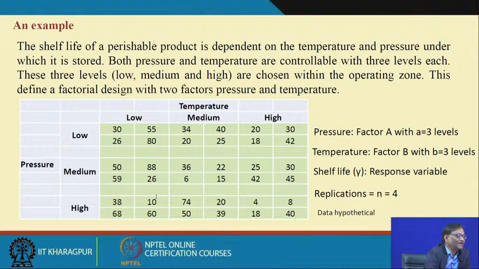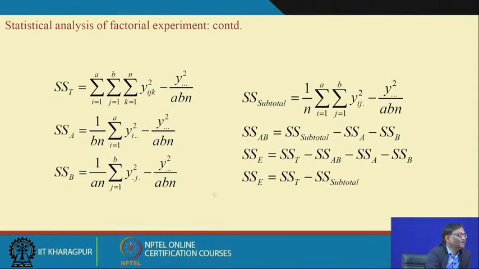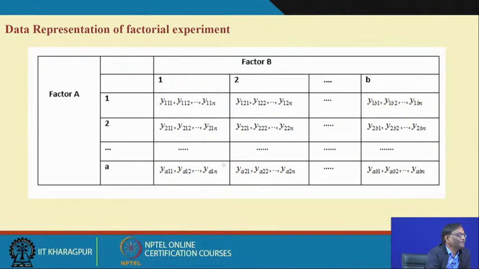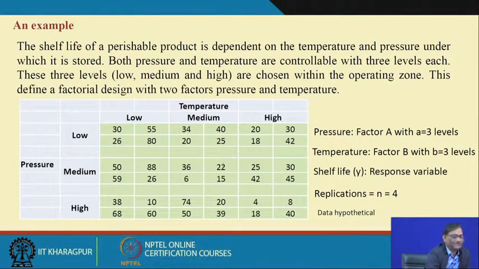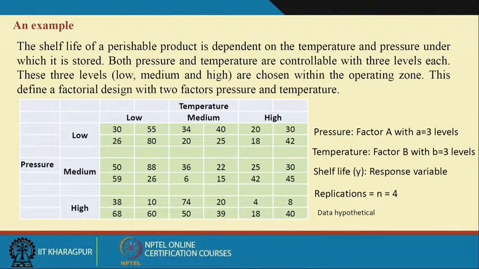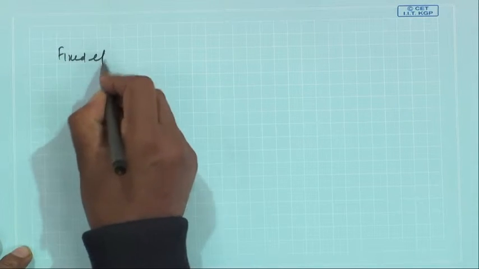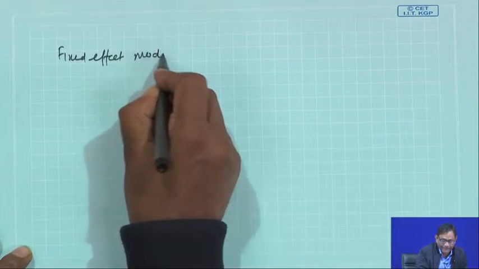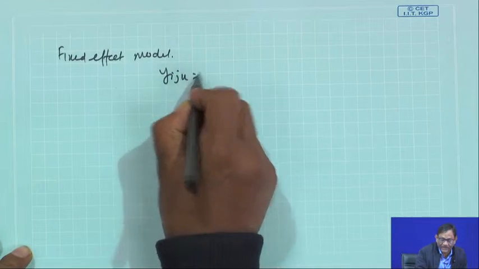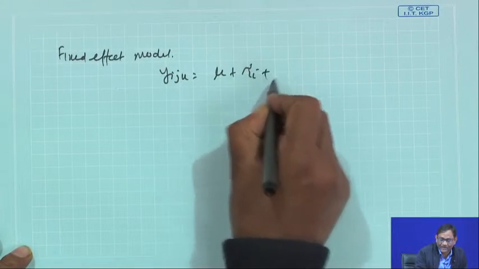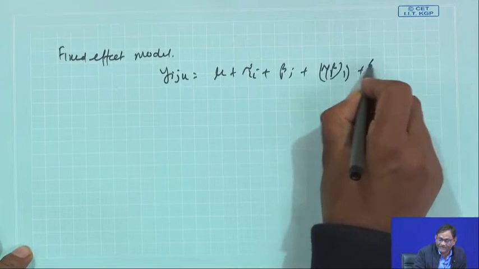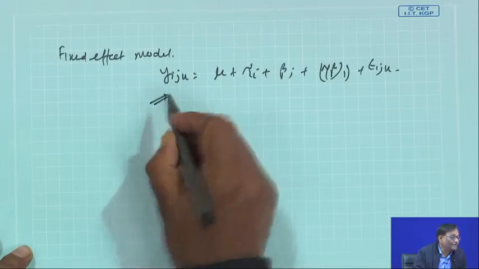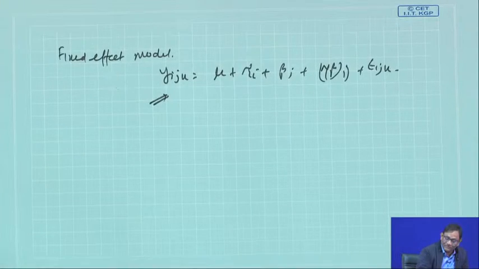If this is the data, is this model, the fixed effect model we discussed earlier, Yijk equal to mu plus tau i plus beta j plus (tau beta)ij plus epsilon ijk, able to explain this data or not?